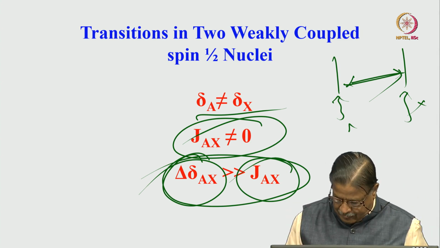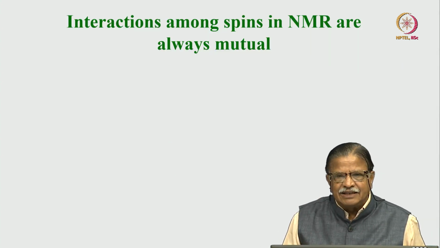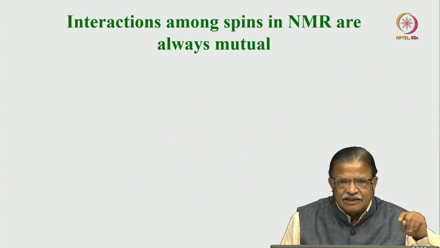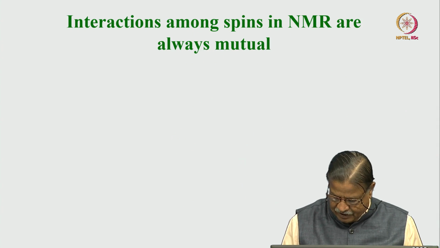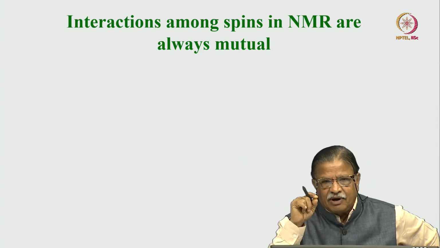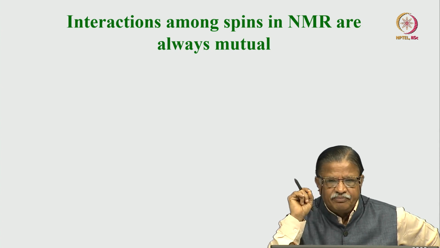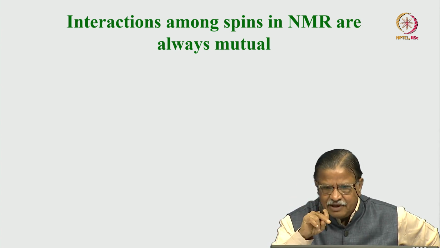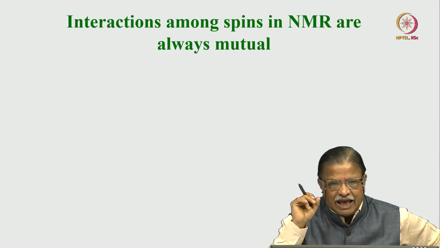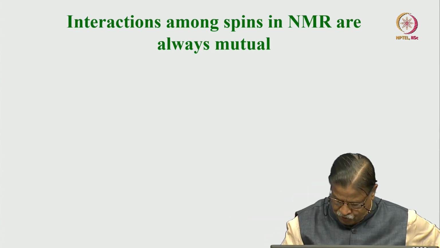This is the assumption. Now, let us see what happens to this type of interaction for two spins which are weakly coupled. But remember one thing I want to tell you, interactions in NMR are always mutual. That means if A spin is interacting with the X spin in a molecule, X is also interacting with A. The interactions are always mutual.